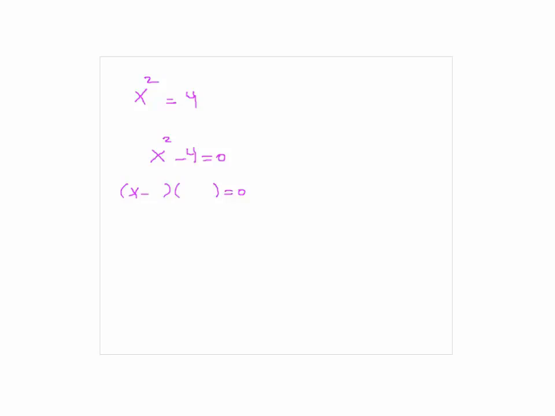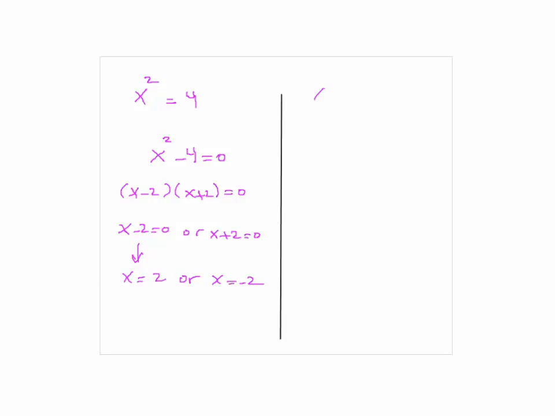And this is a difference of squares. This becomes x minus 2 times x plus 2. So we say x minus 2 is equal to 0, or x plus 2 is equal to 0. So there we have x equal to 2, or x is equal to negative 2. Do you remember how we solved the problem this way?